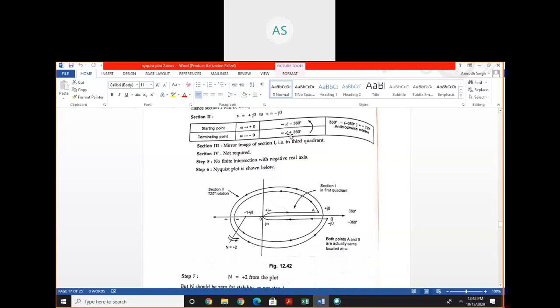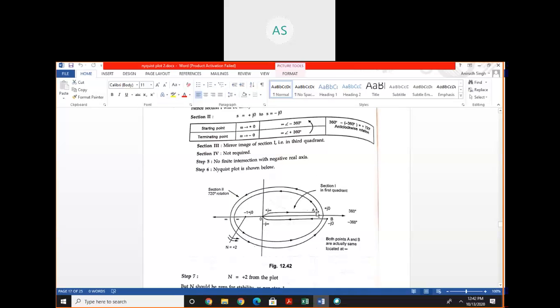When omega tends to infinity, magnitude is 0 and angle is minus 360, and when omega tends to 0, magnitude is infinite.